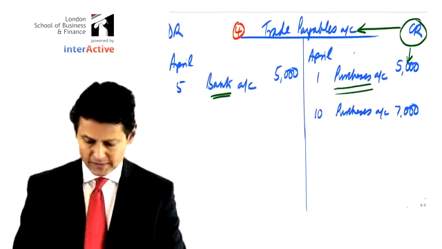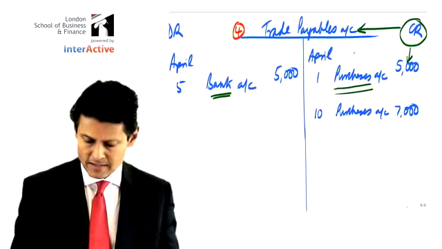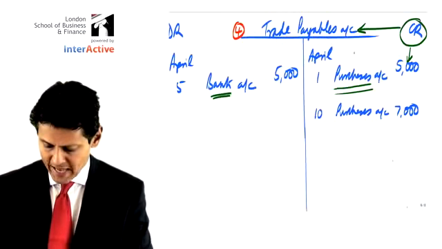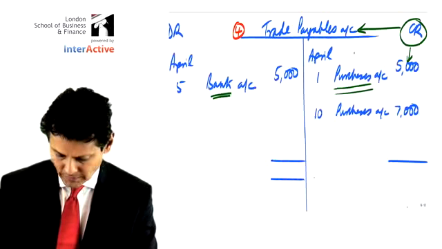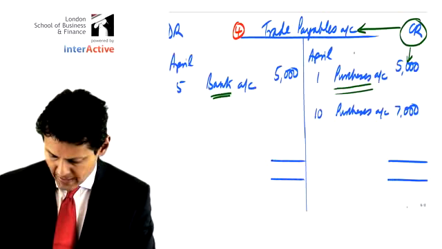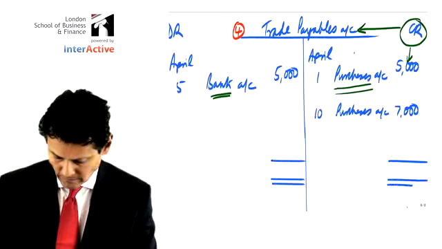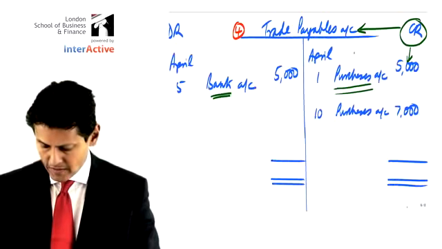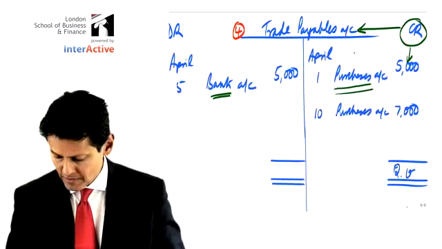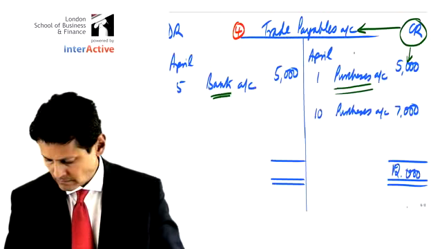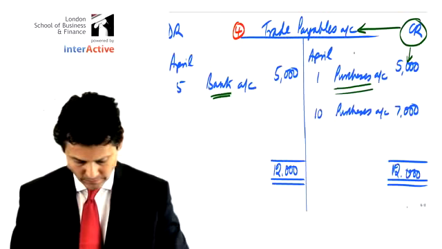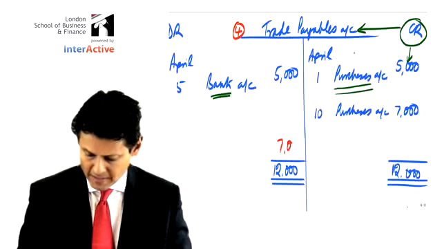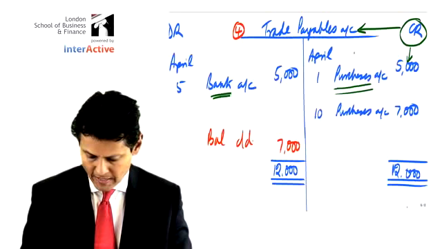The trade payables is on the credit side a little bit heavy. Again, I leave myself a couple of lines, rule it off, and see what we make of that. So the credit side is 12,000, and the difference between the two sides is 7,000, which I shall describe as a balance carried down.